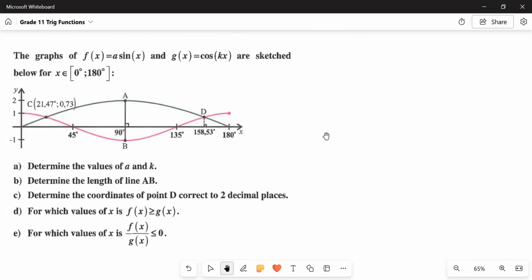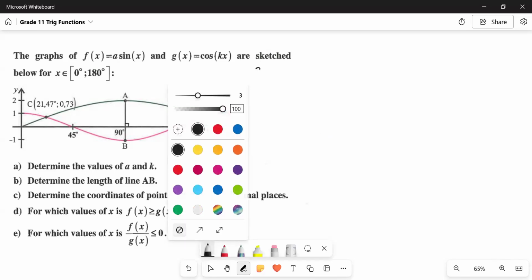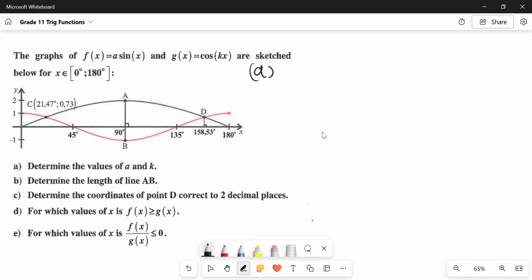Example number 1. They're saying the graphs of f of x equals a sine x and g of x equals cos kx are sketched below for x an element of 0 to 180 degrees. Determine the value of a. Remember what I said earlier about the original graph.